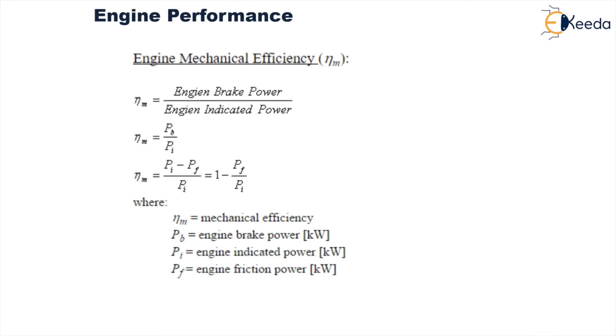Then another one over here is the engine mechanical efficiency. This will take into consideration whatever mechanical losses are taking place inside the internal combustion engine. These losses may be subdivided into groups.